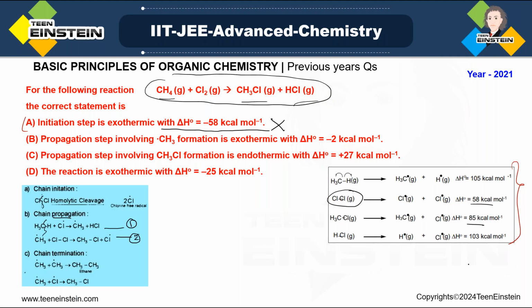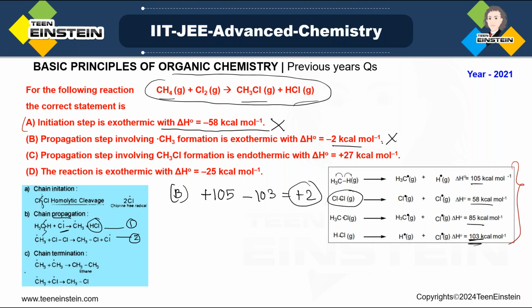So for B, you have to supply plus 105, but in this case Cl dot is also generated. That means along with this 105, this 103 amount of energy will be released, because here HCl is also formed. That means the HCl bond formation energy will be released. So ultimately what you get is plus 2 kilocalorie, and it is not exothermic. You have to provide this energy.